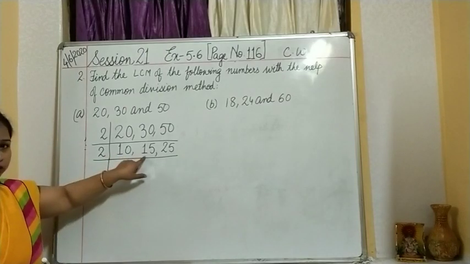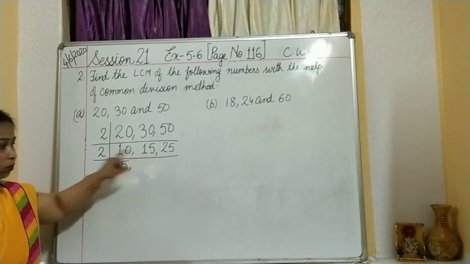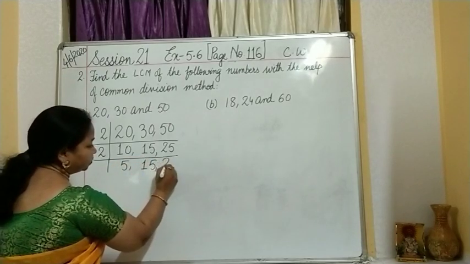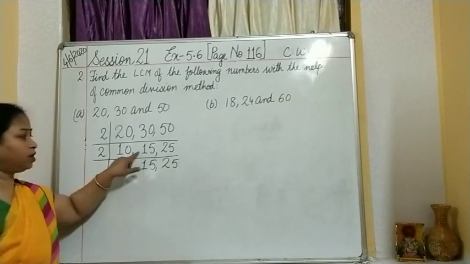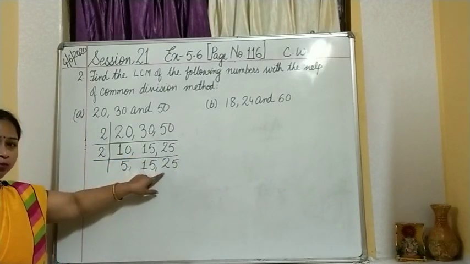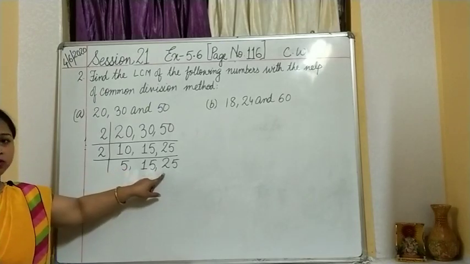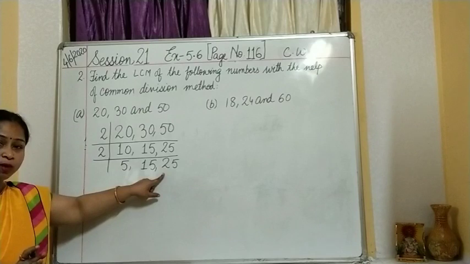What about this 15? Is it divisible by 2? No. So we rewrite the number as it is without any change. So 15 and 25, I have brought them down without any change. Now 5, 15 and 25. All these 3 are not divisible by 2.